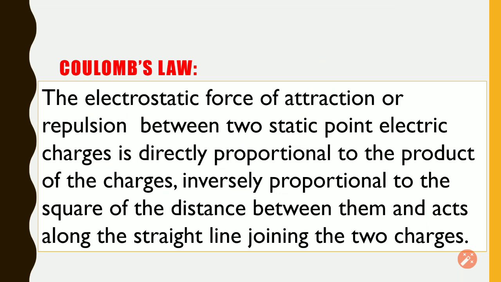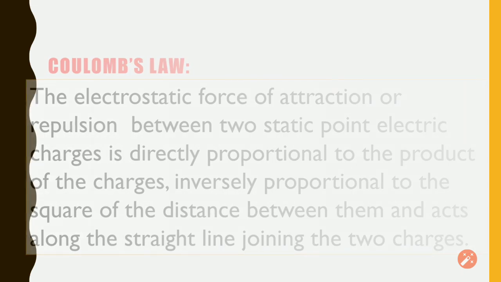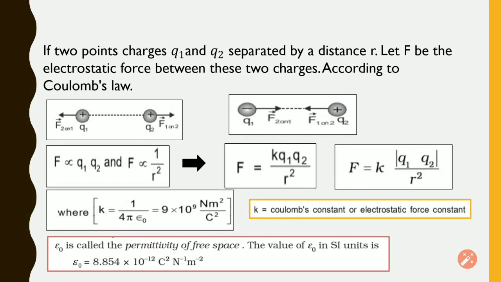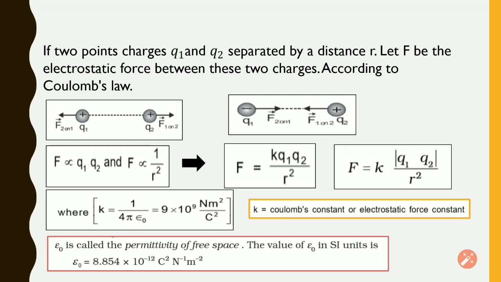These points can be simplified with the help of a diagram. Let us see the possible cases. We use certain commonly used symbols. If two point charges q1 and q2 are separated by a distance r, q1 and q2 are the two charges and the separation between them is r.